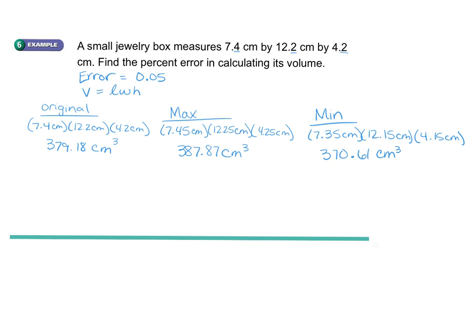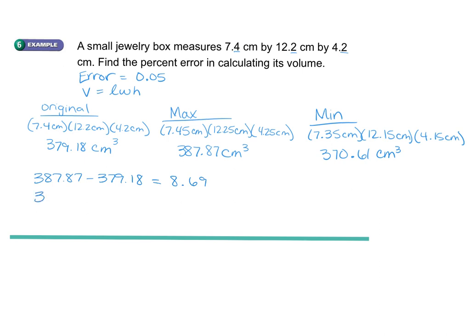So we're going to take our maximum, subtract off the original amount to find that error, and we take our minimum, subtract off the original, find that error. So we're going to take our maximum, subtract off our original. That's going to give us an error of 8.69.